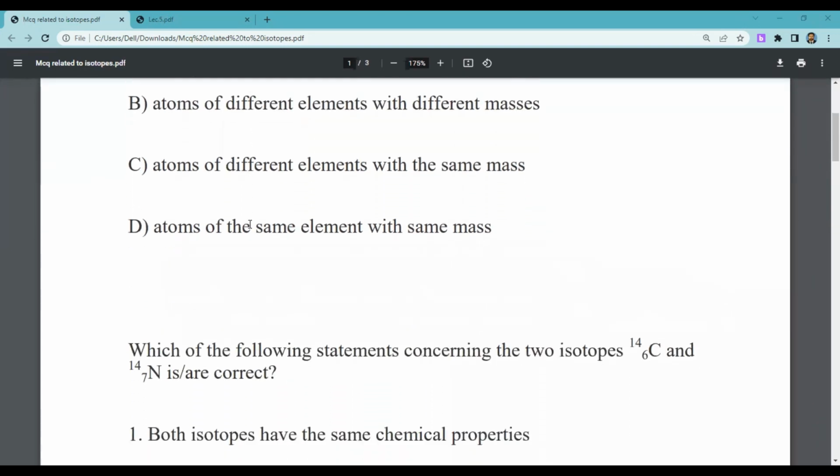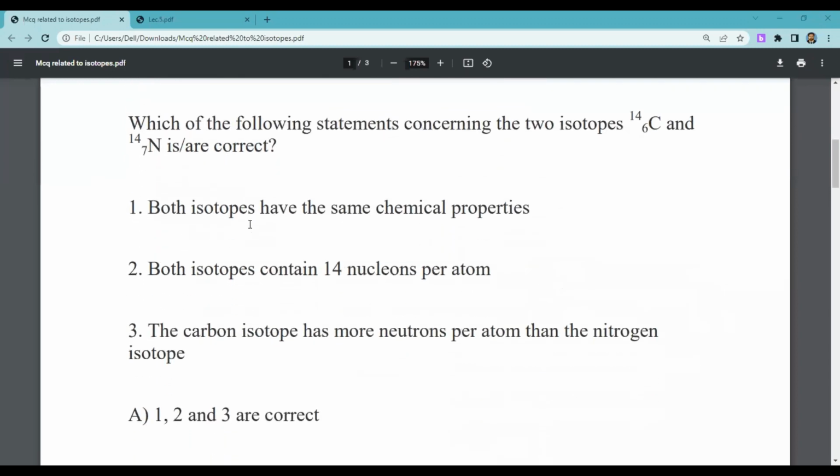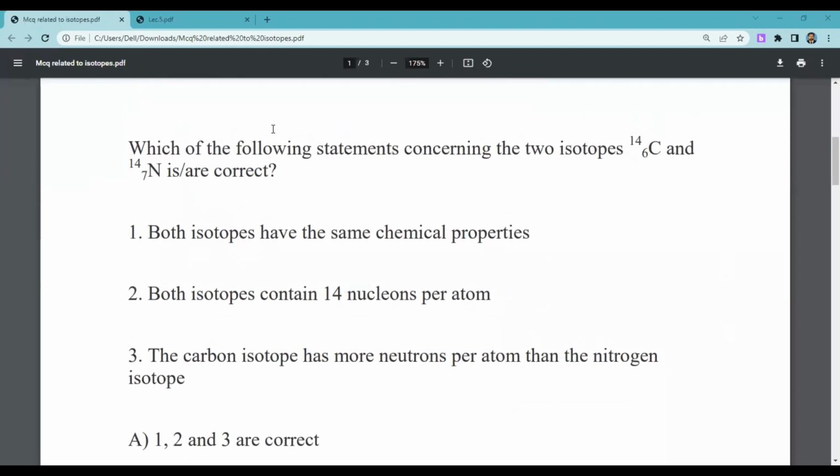The second question is, which one of the following statements concerning the isotopes carbon 14 and nitrogen 14 are correct? You can simply check the statements. Both isotopes have the same chemical properties.